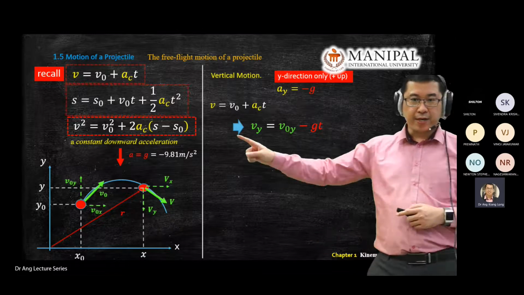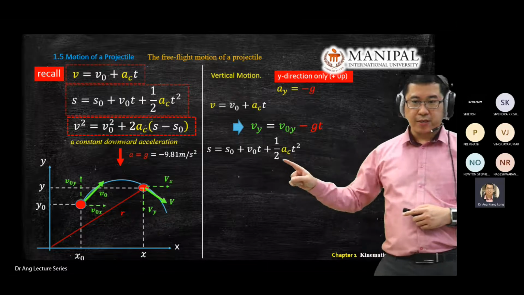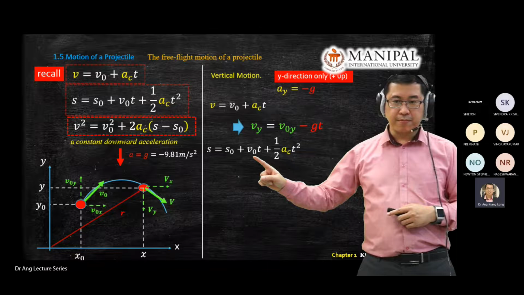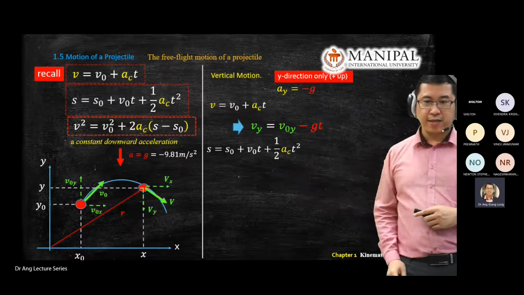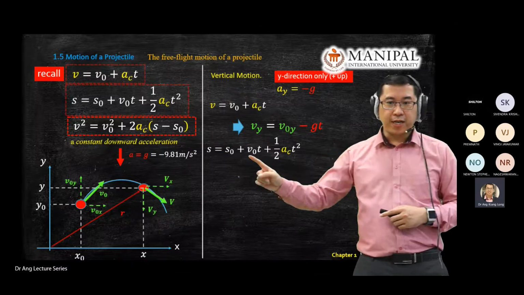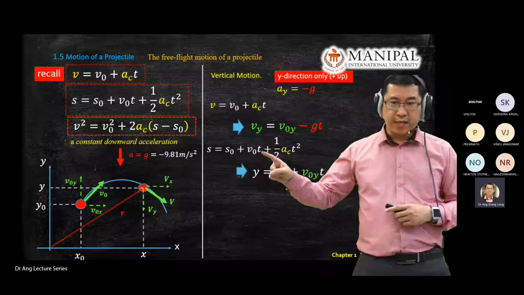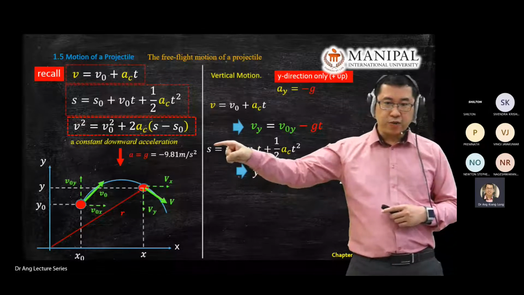Look at the second one. Copy the equation. S equal to S0 plus V0 T plus half AC T squared. You modify accordingly. S now becomes Y. S is the last position.